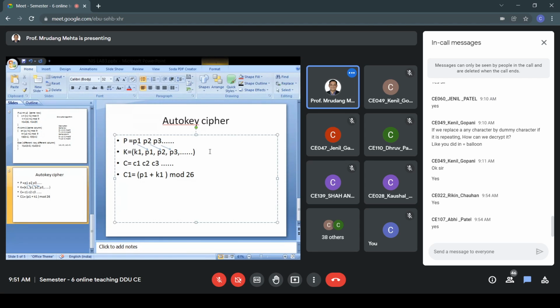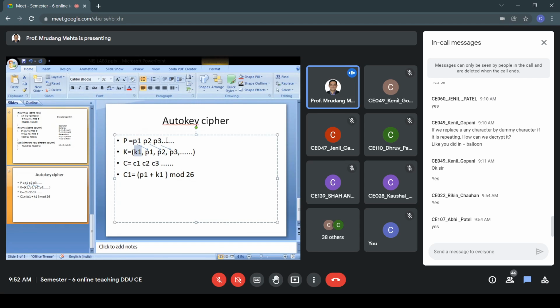So here the difference is in this key value K. In the additive cipher, you convert P1, P2 to numbers, mapping 0 to 25, then you take one key. But instead of one key, here you take different keys. First, K1 is some random value from 0 to 25.